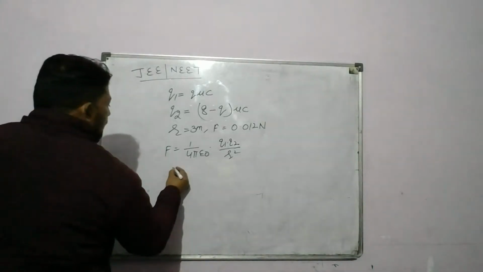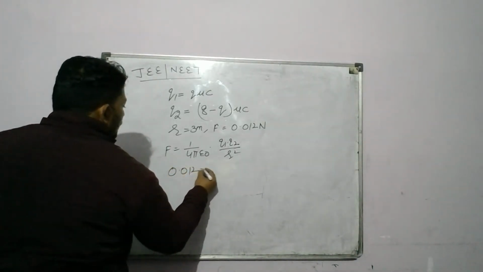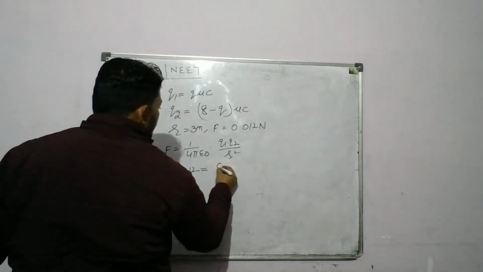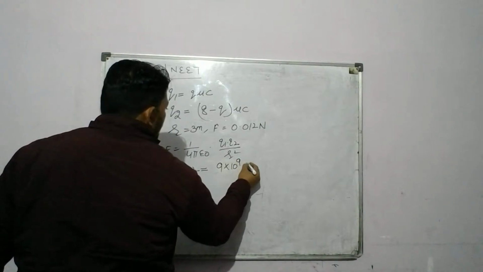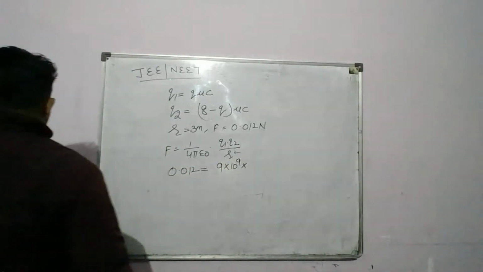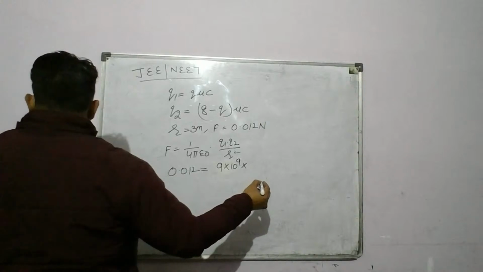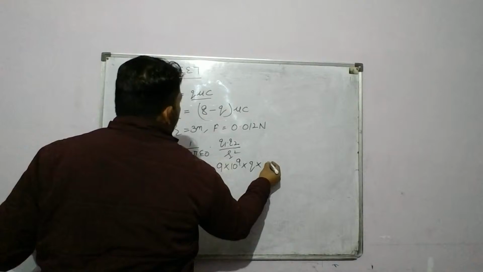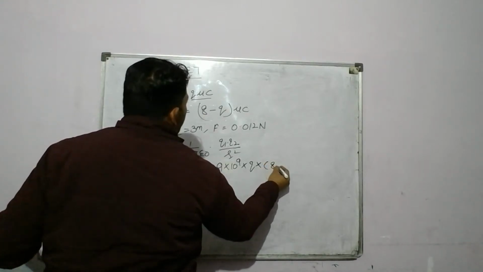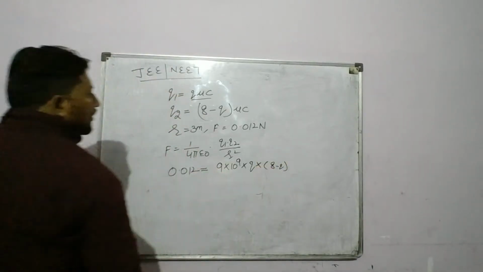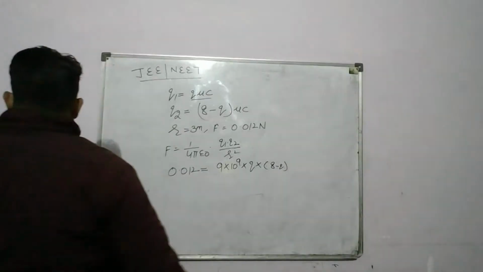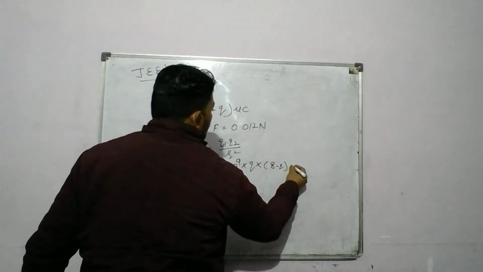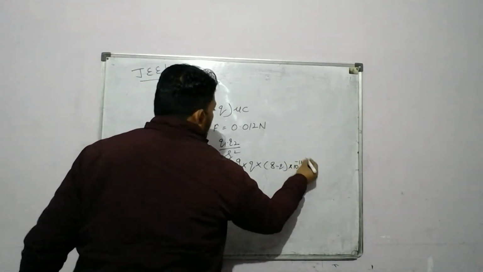F is given 0.012 is equal to 1 upon 4 pi epsilon 0, mean 9 into 10 raised to power 9, and Q1, mean Q, multiply by 8 minus Q. Clear? The charge is given in microcoulomb, you can write here micro. You will solve micro, micro into 10 raised to power minus 12.